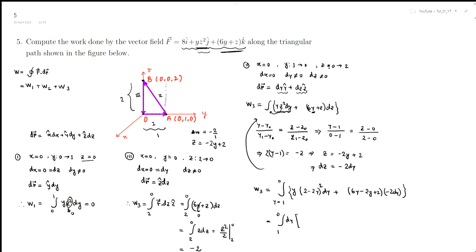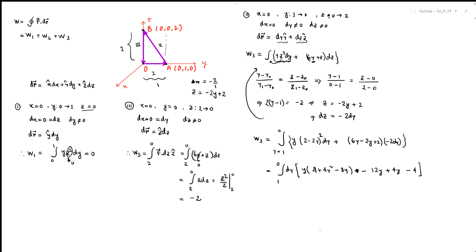This thing will become y into 2 squared, which is 4, plus 4y squared, minus 2 into 2 into 2y, that is 8y, plus minus 2 into 6y, that is 12y, plus 4y minus 4. So once you have this, you can further simplify it.